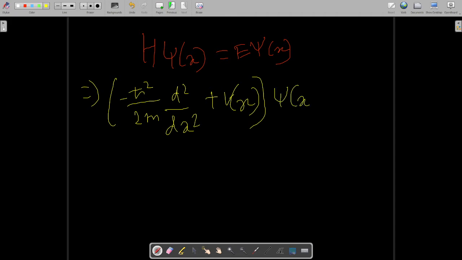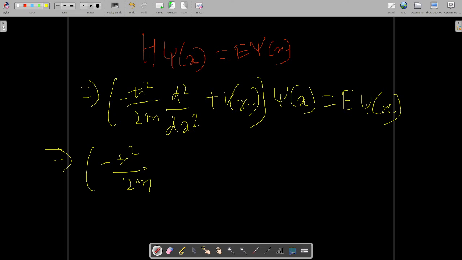H psi of x equal to E psi of x. So I have basically put the H value. Now I will put the psi x value also. Let us go very much step by step.